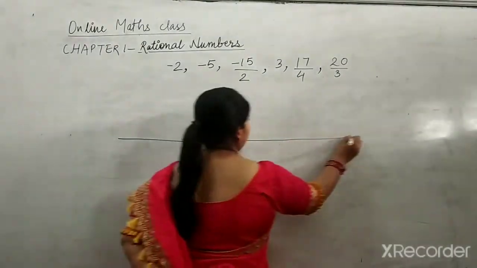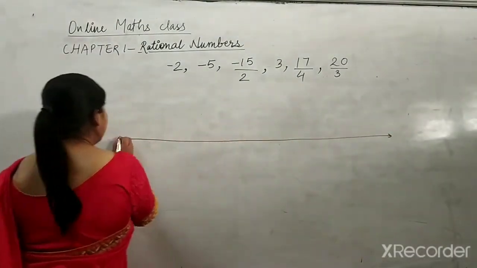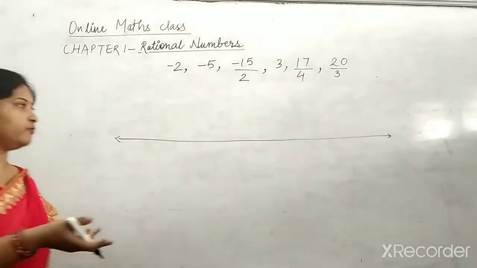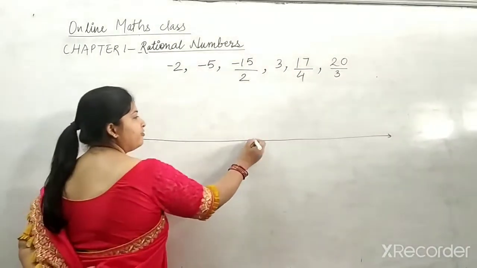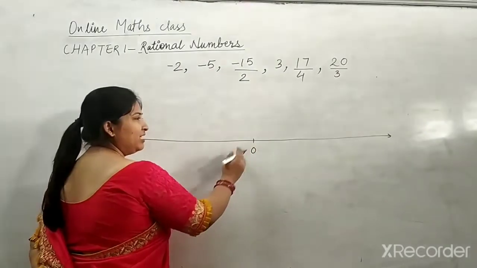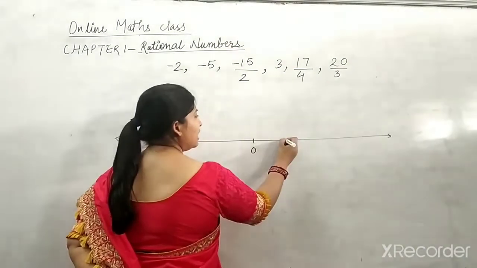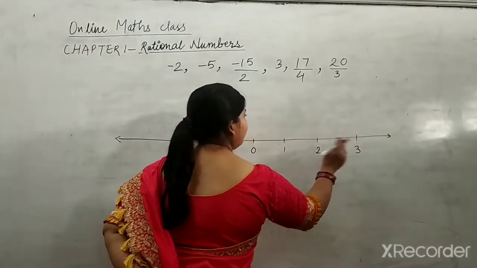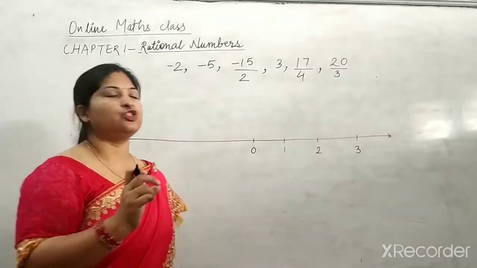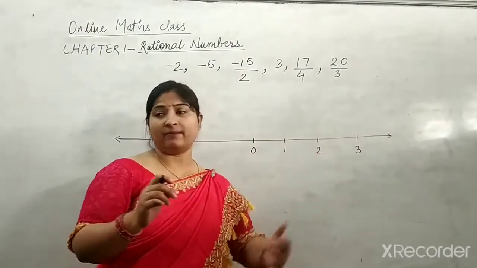First of all, you have to make a line, that is a number line. In the center we will write 0, and we will start writing 1, 2, 3. But one thing you have to remember is that every number should be written with an equal gap.